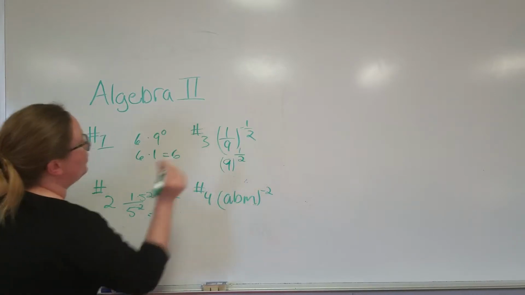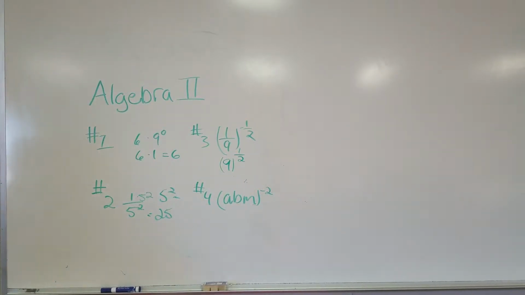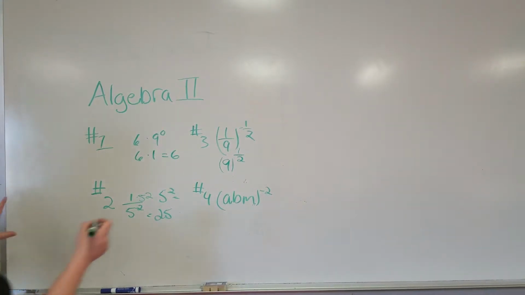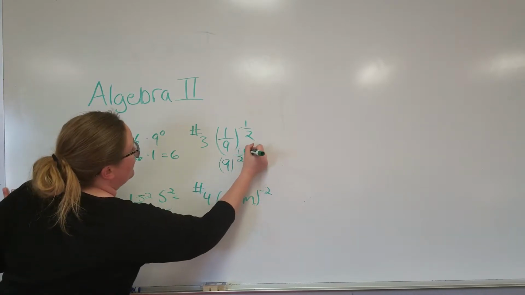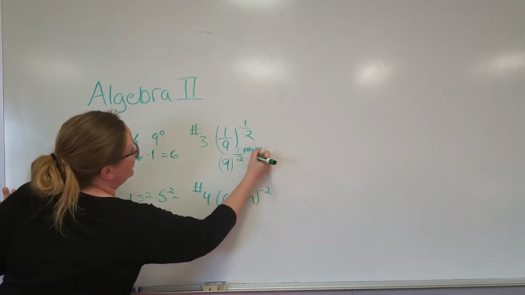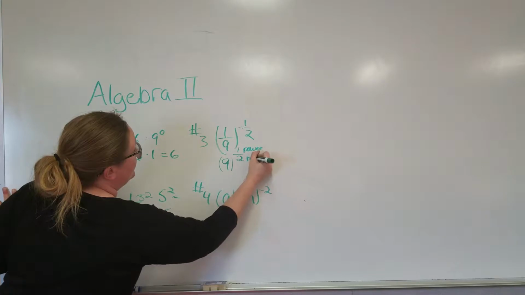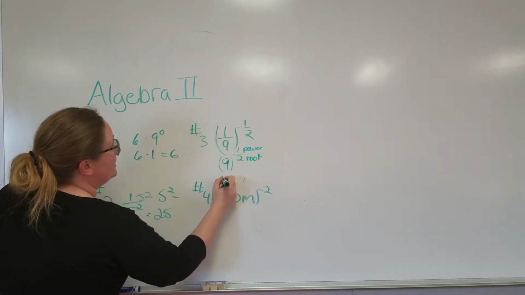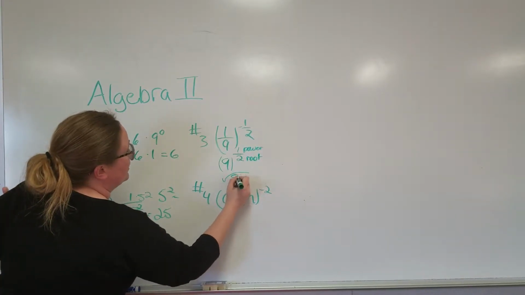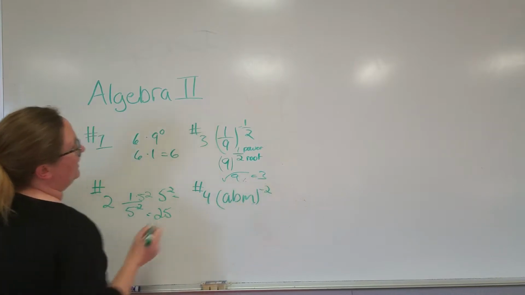When you have a fractional exponent, the numerator is the power, and the denominator is the root. So power of 1, root of 2. The exponent 1/2 means the square root of. So the square root of 9 equals 3.